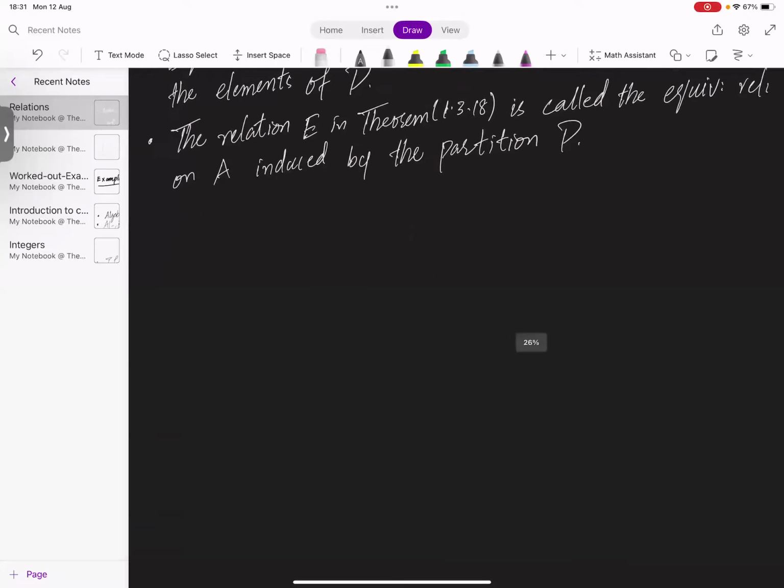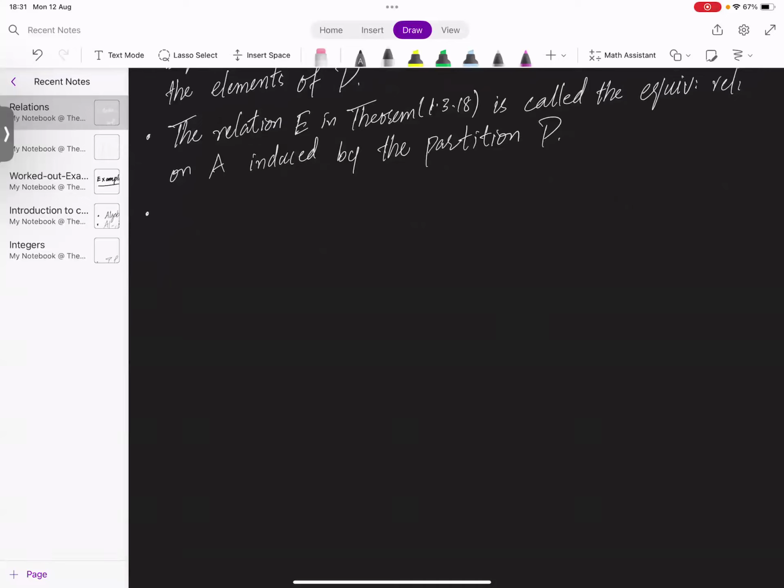We know that new relations can be constructed from existing relations.